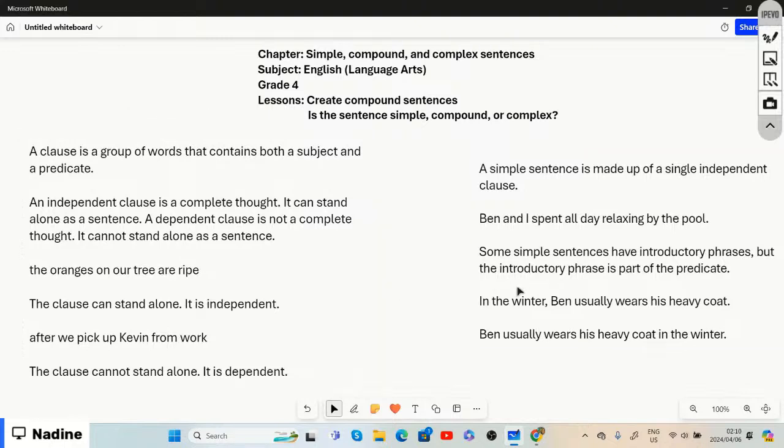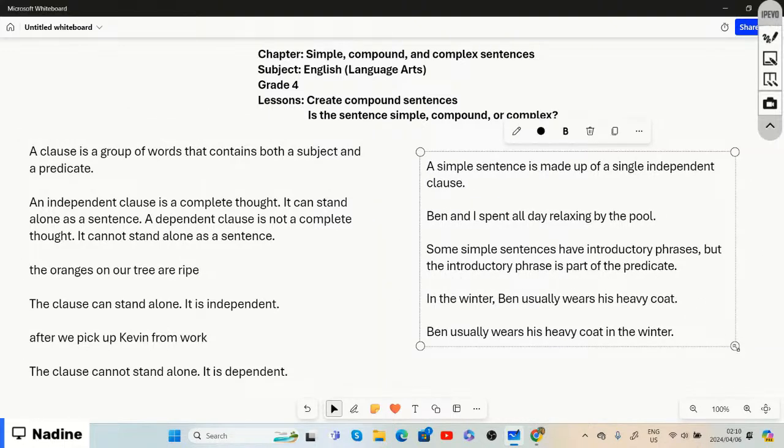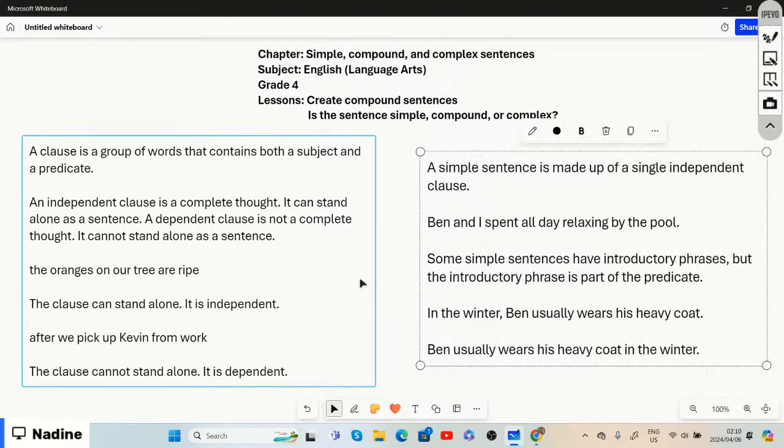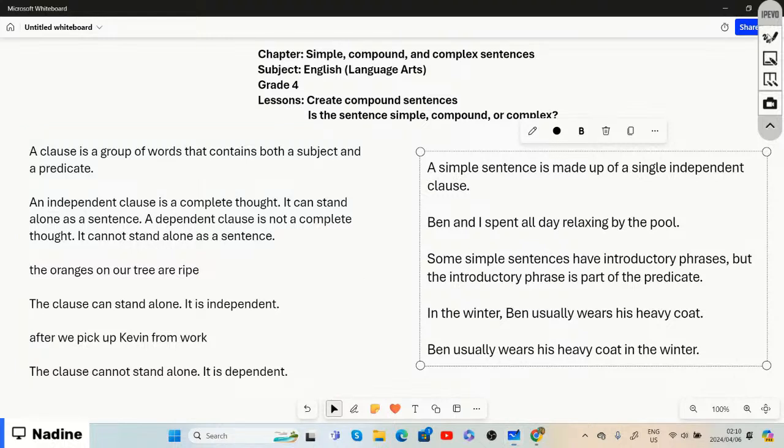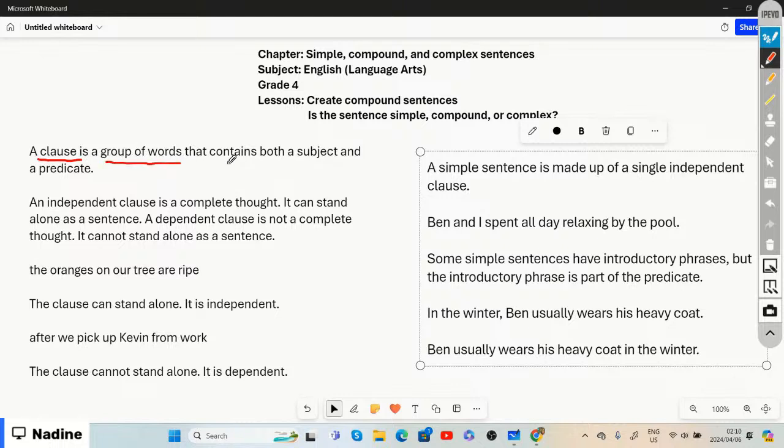So firstly, a clause is a group of words that contains both a subject as well as a predicate. Remember we said a subject is a noun or a noun phrase, and a predicate is basically the verb.